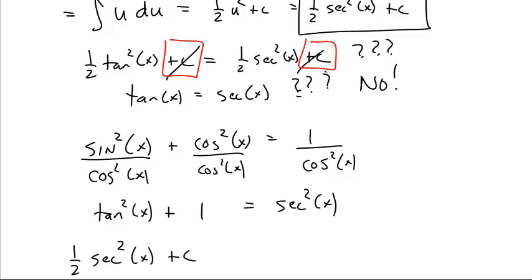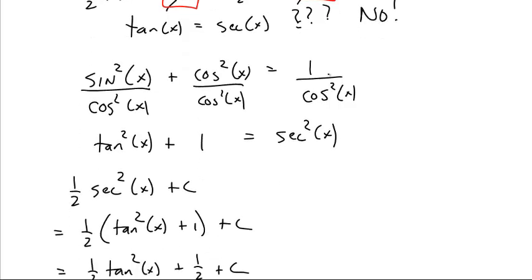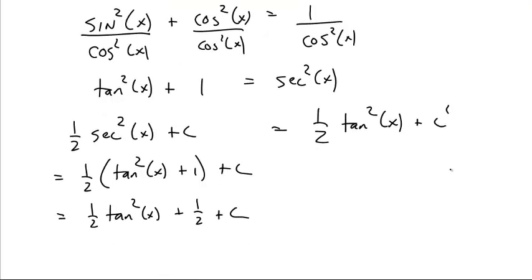But they're not. It turns out that 1/2 secant squared of x plus c is equal to 1/2 tangent squared of x plus a different c, c prime, let's say. The c prime on this side is 1/2 plus c.